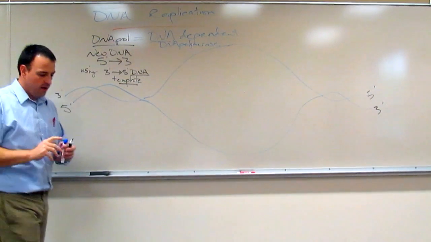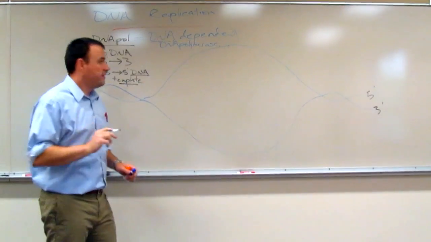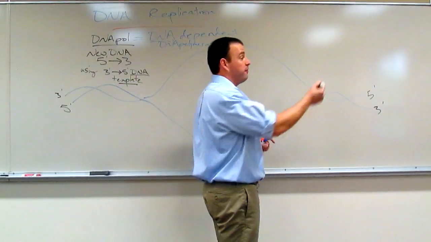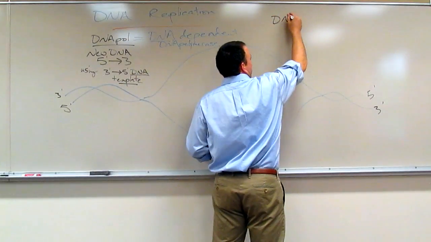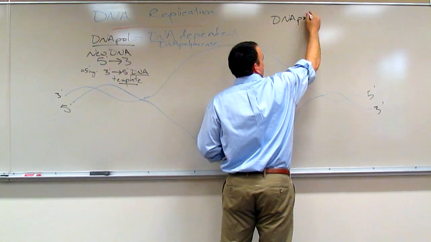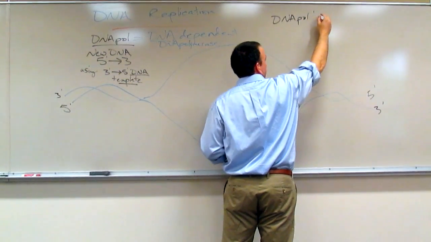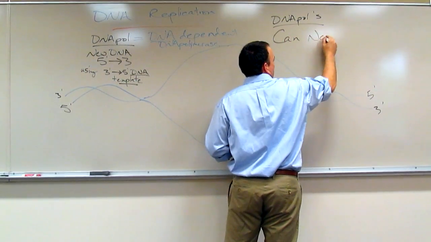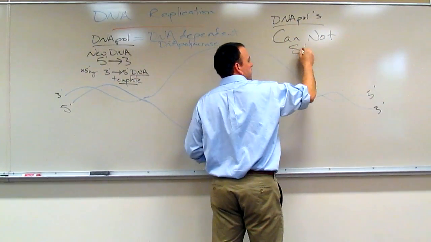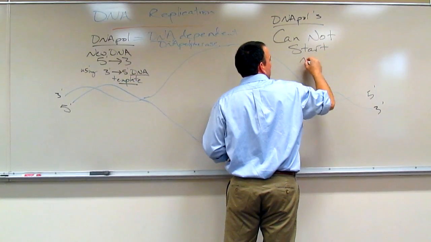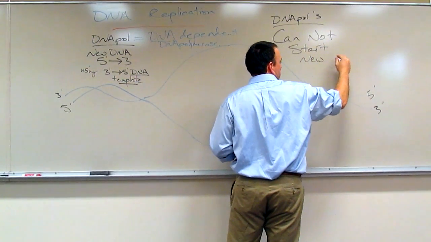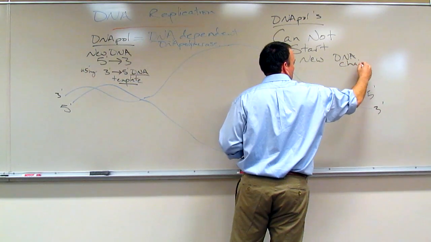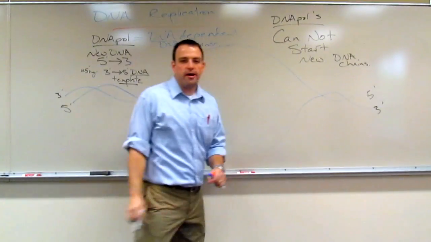The other thing that you should know by now is what I always say about DNA polymerase. You'll know this from lab, from doing PCR: DNA polymerases cannot start new DNA chains.